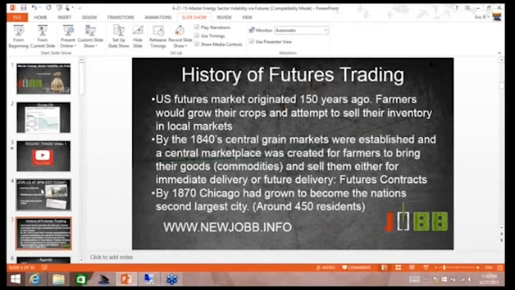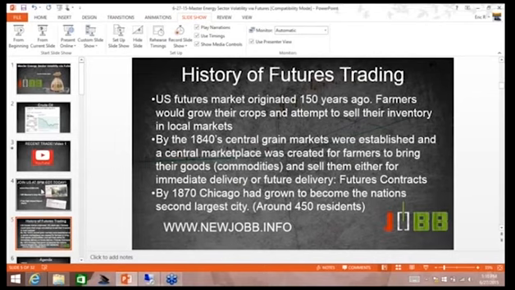So basically, not to bore you, the history of futures trading dates back about 150 years ago. The quick analogy that I want to share with you is, as farmers began to grow their crops and technology came in, for example the McCormick Reaper, farmers were able to build their inventory out, and they needed bigger markets to sell their goods.